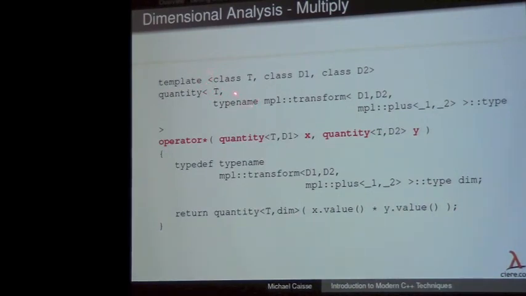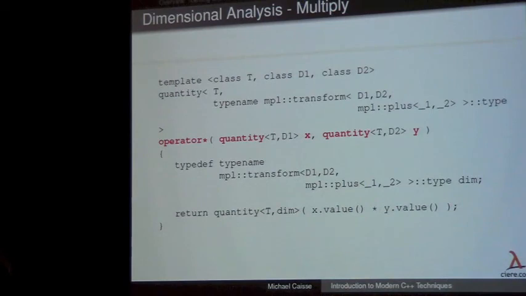But the type dimension that's being returned, its exponent, will be the exponents added together. So that's as cool as using MPL transform of D1 and D2. Those are placeholders at compile time, and this is saying add them together, get the type back out. So the end result of if D1 and D2 are, remember these things are those arrays.